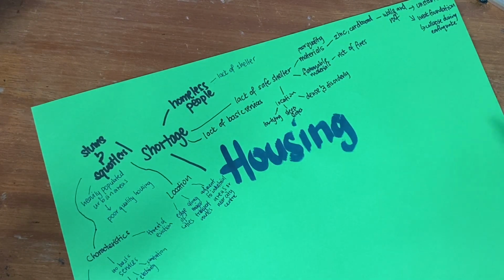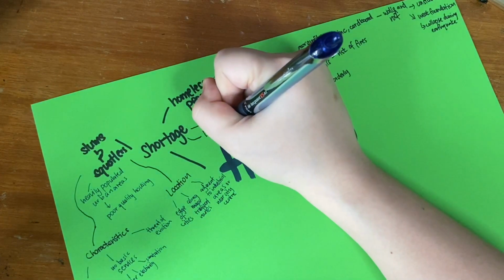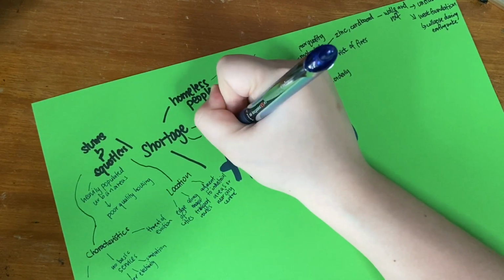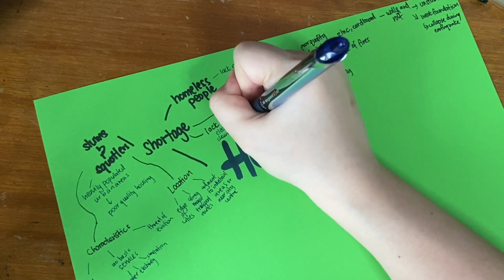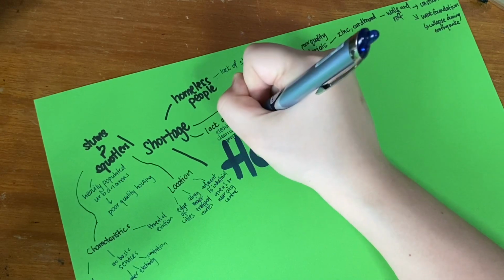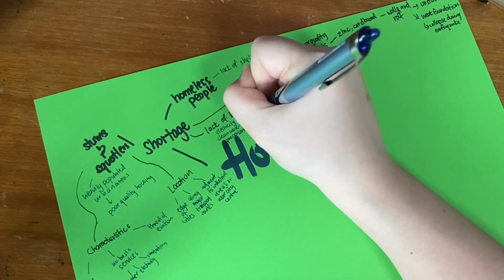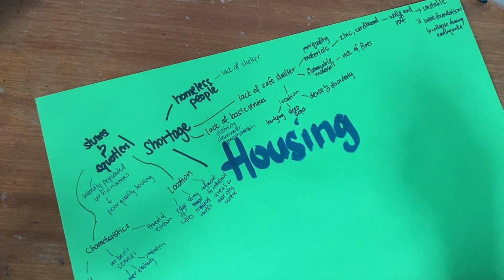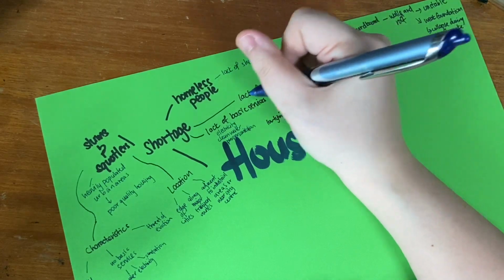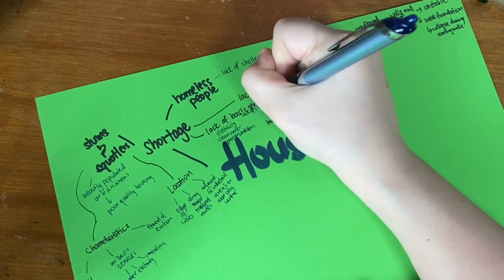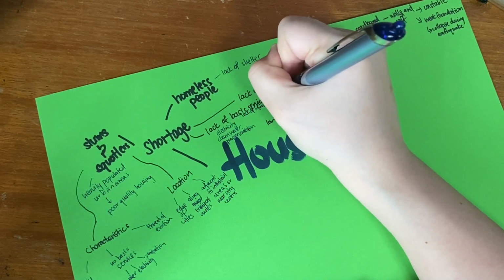Basic services include things like electricity, clean water, proper sanitation. So these are your basic services. And there is a lack of basic services due to a lack of infrastructure. I have to really squeeze it.